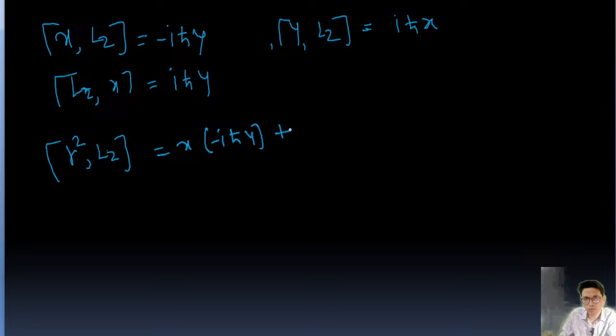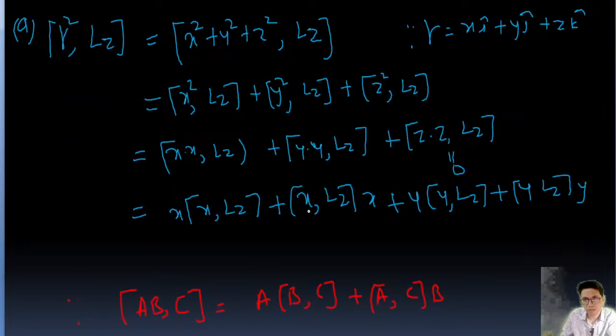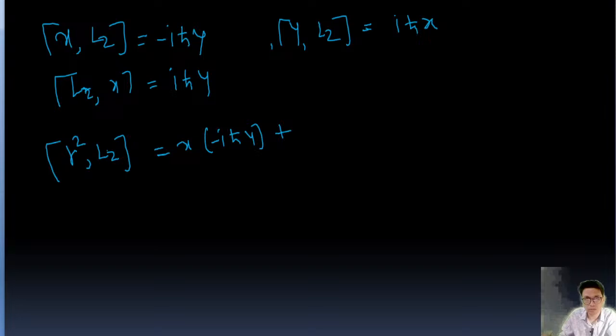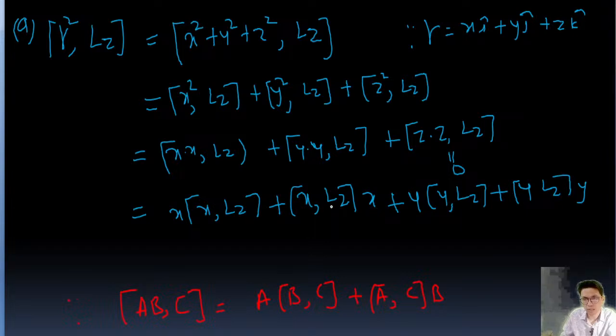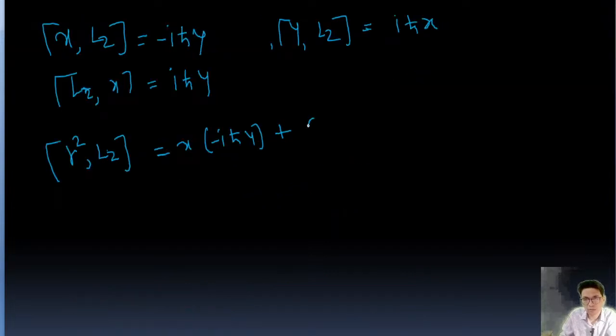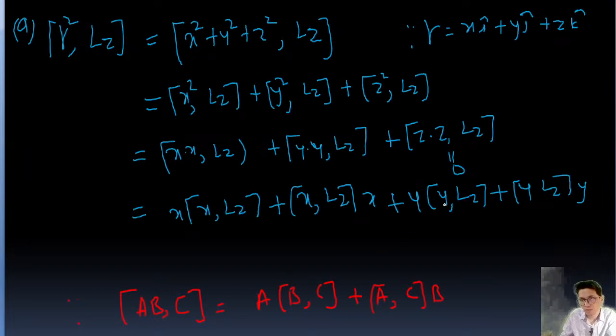minus iota h cut y, and second is going to be plus this one x lz, right? So this is also the same. This is minus iota h cut y x, plus third one is going to be y lz. It is in cyclic order.